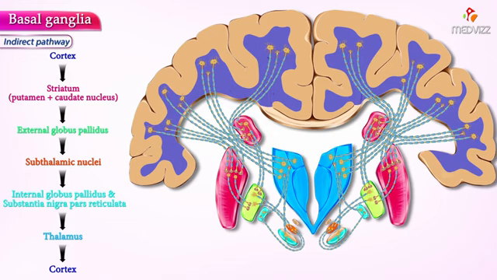Now this loop or circuit is inhibitory, which means it inhibits movement, unlike the direct pathway, which is excitatory and promotes movement. Now let's get into the details of the indirect pathway step by step.